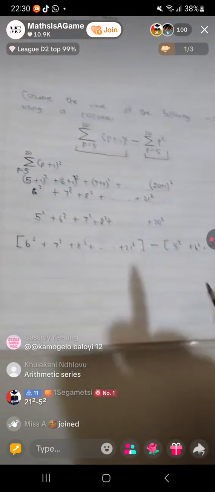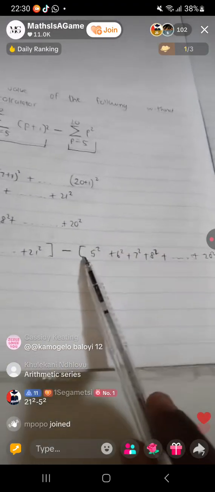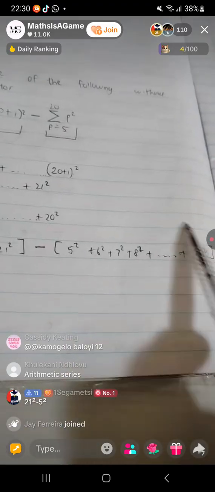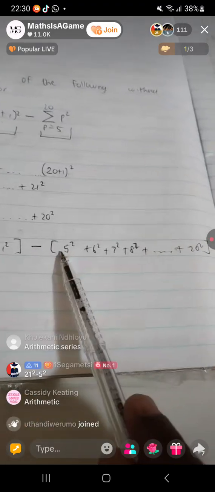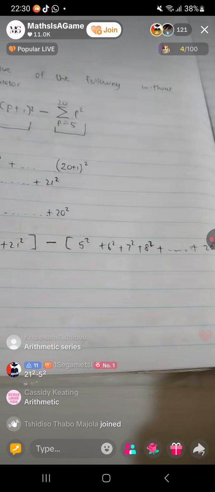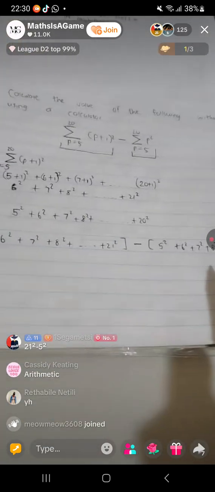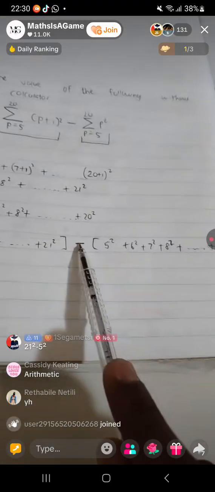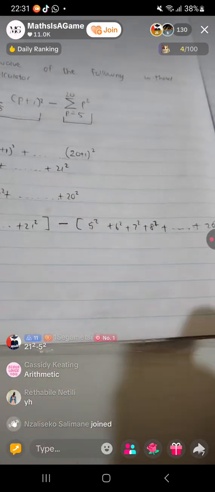I'm sure you guys can see what needs to be seen. Remember, this minus sign will be distributed to all these terms. Everything here is going to be negative. Are we together? Everything on this side is positive, but everything within this particular bracket is going to be negative, because the negative sign is going to affect everything.